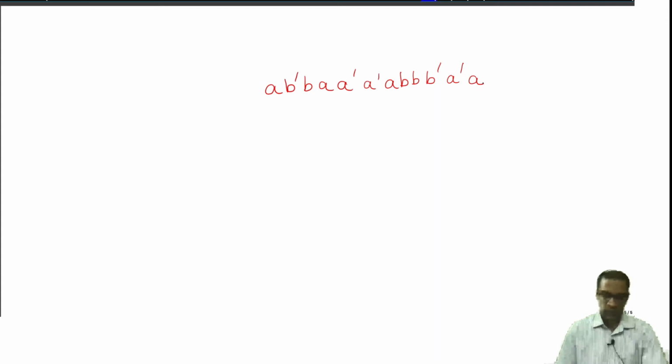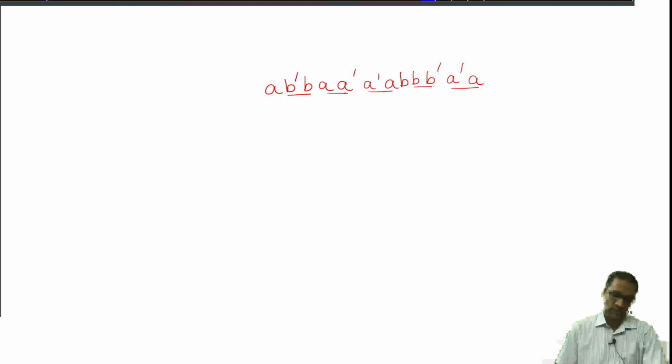And let me see what I can do by way of applying my rewriting rules. So I already see that there is a b prime b right there. So there are many other pairs which can be collapsed. For example, there's a b prime here, there is an a prime a here, there is an a prime a here, there is an a prime here, and so on.